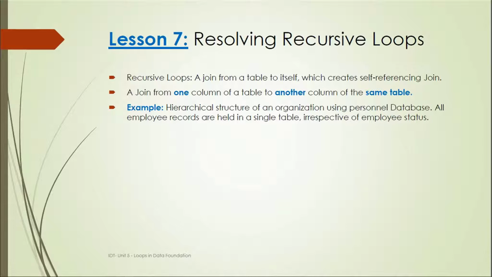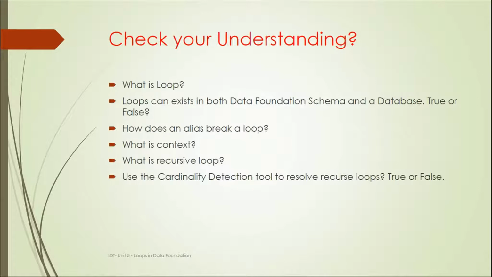All the employee records are held in a single table irrespective of the employee status. There are many statuses for a particular employee, but they are still held in the same table. So we need to join the table to itself to get the data, and that forms a recursive loop. That is one thing we need to understand about recursive loops.